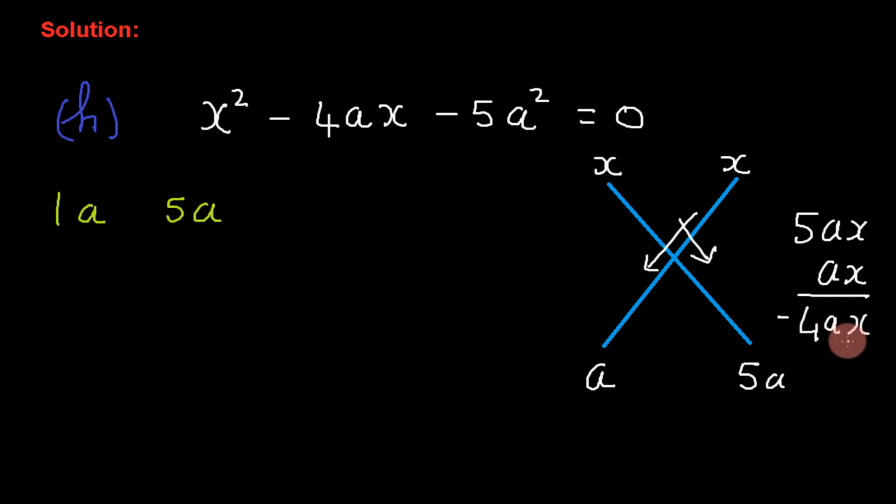The way to get negative 4ax is to make the 5ax negative and the ax positive. So negative 5ax plus ax is negative 4ax. 5ax is negative, so we need a minus here, and ax is positive, so we need a plus here.